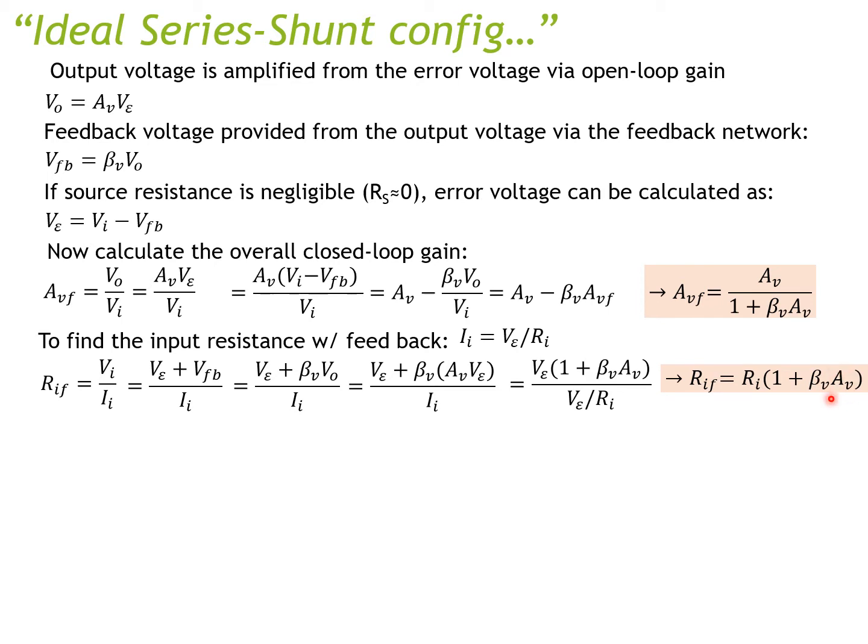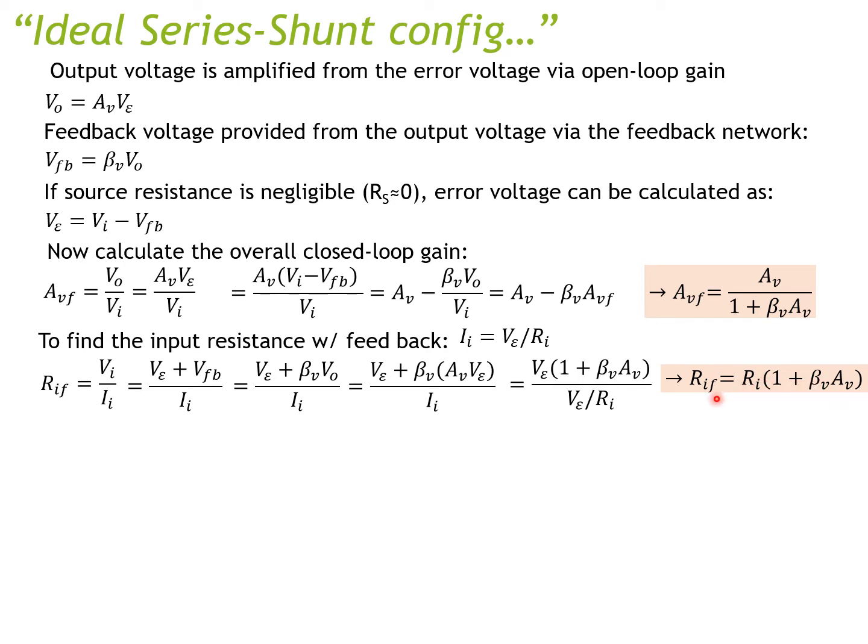Then 1 plus beta AV is going to be a large number. If I have beta equal to 0.2 but AV equal to, let's say, 10 to the fifth, then this is still a very large number.